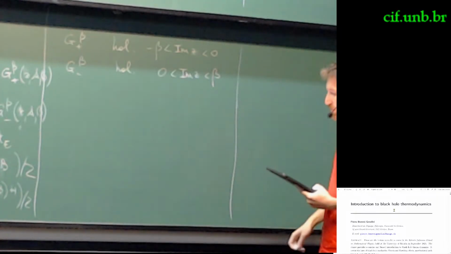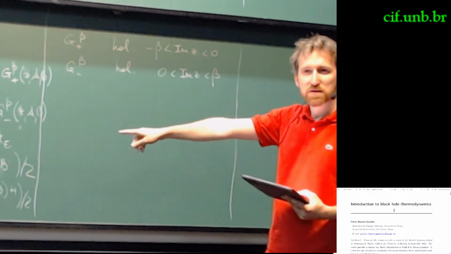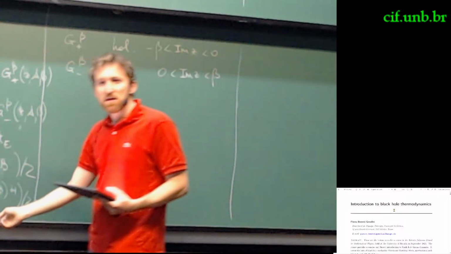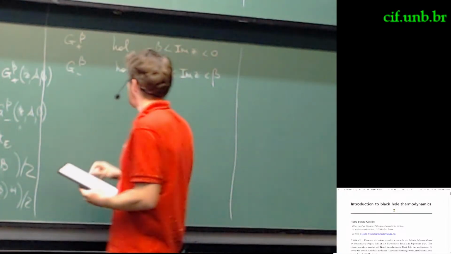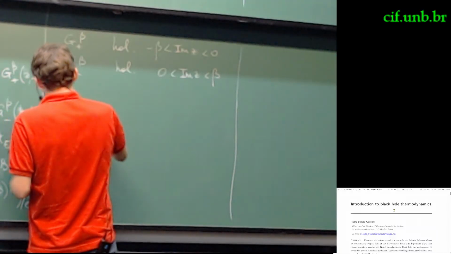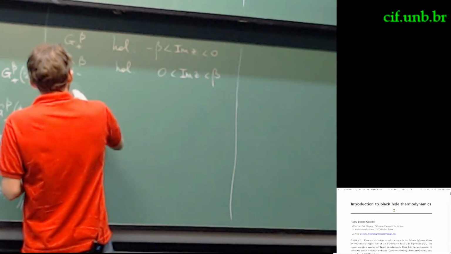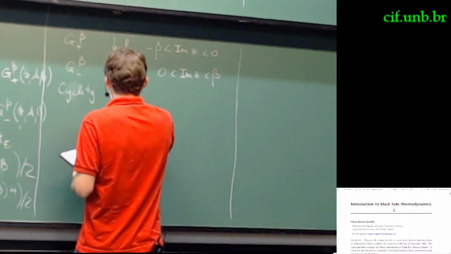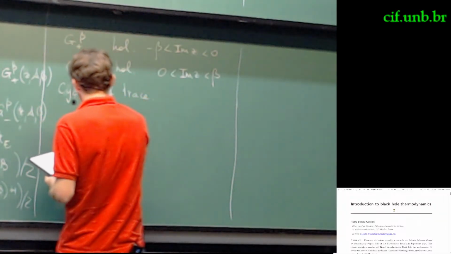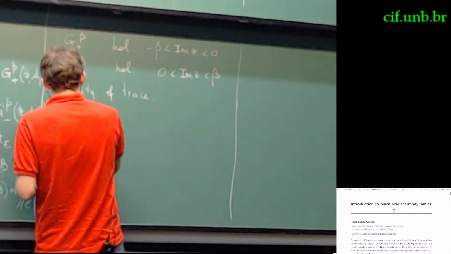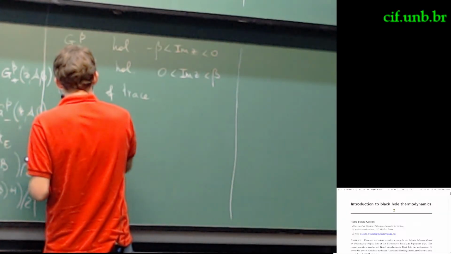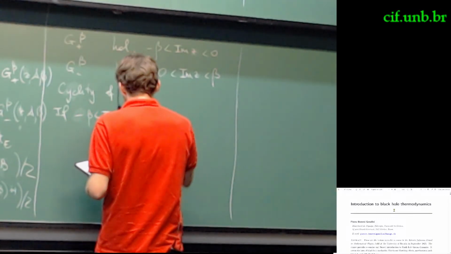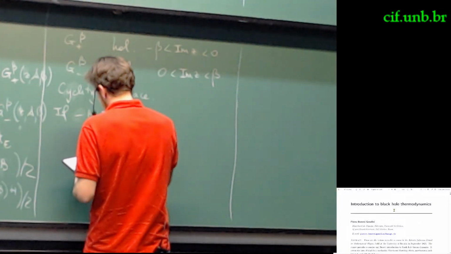There is another property that follows from the cyclicity of the trace, which is that I can actually turn one into the other, provided I change the argument. Cyclicity is crucial. If this holds, then G plus is related to G minus.